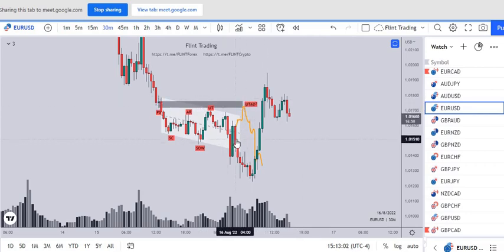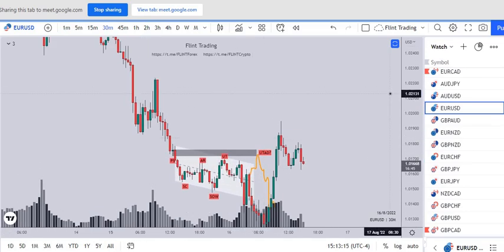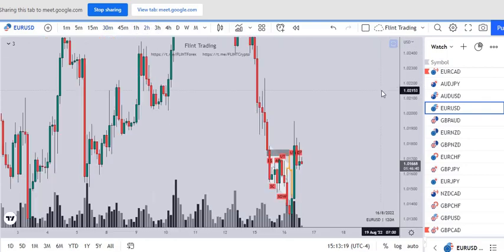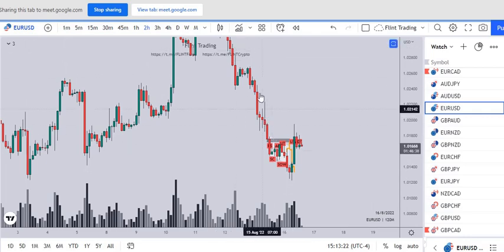Previously, I had a discussion with other admins, so price was right there, and I was expecting price to come up there, and I would be looking for short position, but eventually it hit the target but never mitigated my entry. So here EUR/USD is kind of bearish. Just look at the momentum right there.